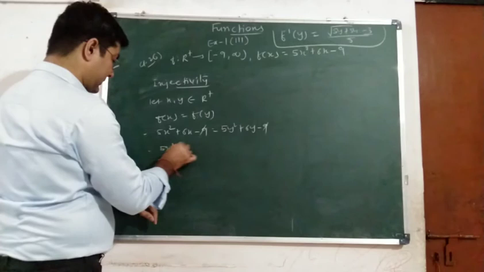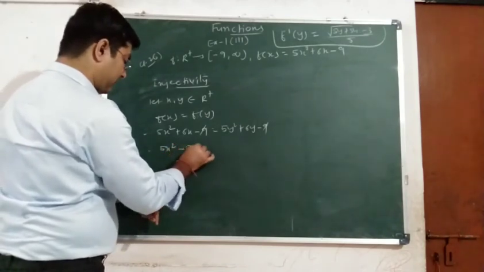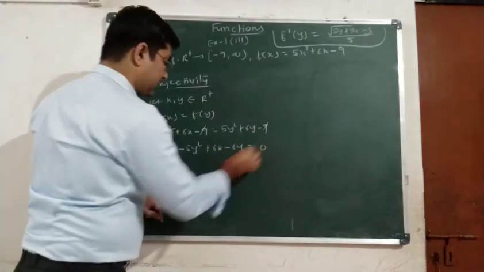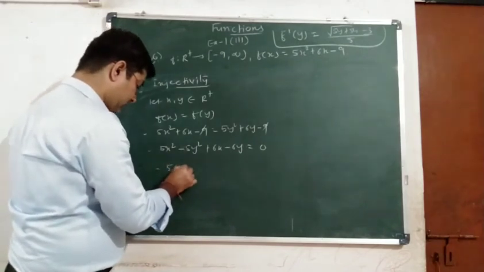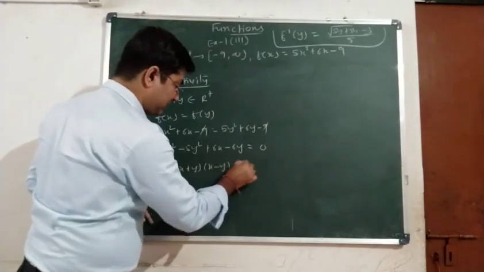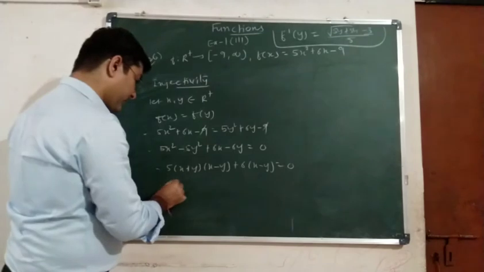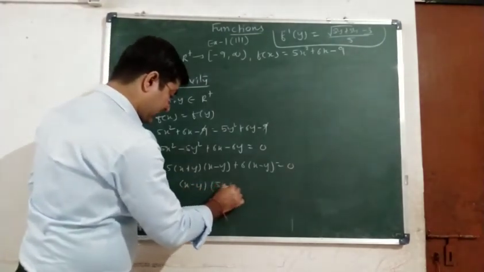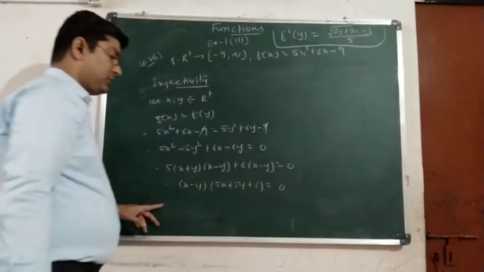Therefore 5x square minus 5y square plus 6x minus 6y is equal to 0. Therefore 5 into (x plus y) into (x minus y) plus 6 into (x minus y) is equal to 0. Therefore (x minus y) into bracket (5x plus 5y plus 6) equal to 0.